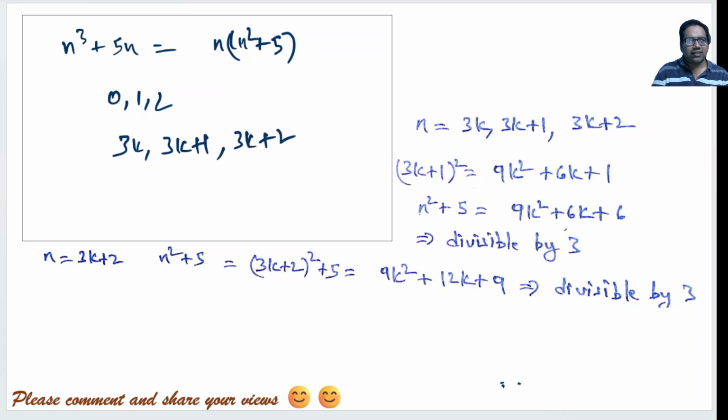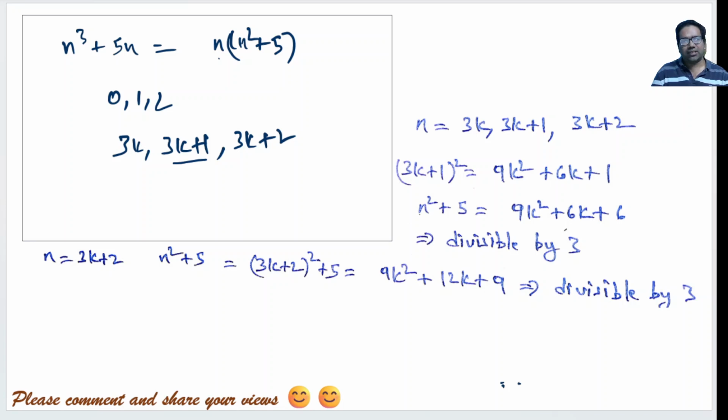Right. If it is already 3k, then there is nothing to prove. If it is already 3k, then n cube plus 5n, which is n into n square plus 5, where n is already 3k, is a multiple of 3. If it is 3k plus 1, then what happens to n square plus 5? 3k plus 1 whole square becomes 9k square plus 6k plus 1.